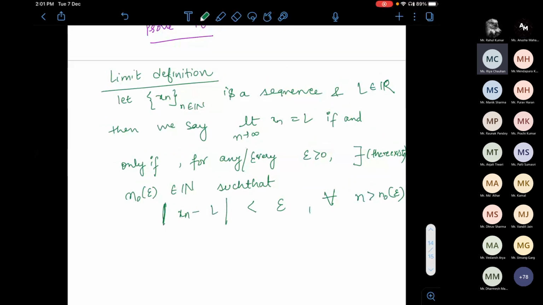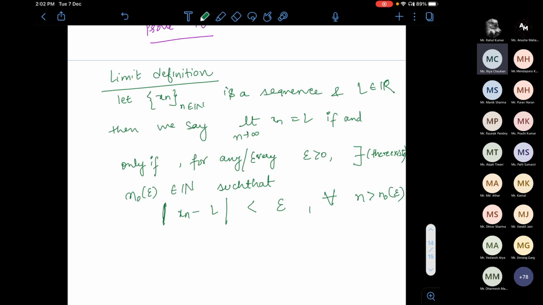Now tell me what you didn't understand in this definition, one by one. Anvesh? Yes, ma'am. Any doubt? Ma'am, what you have written there, n naught of epsilon belongs to natural.